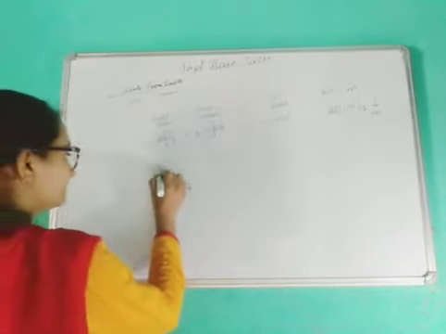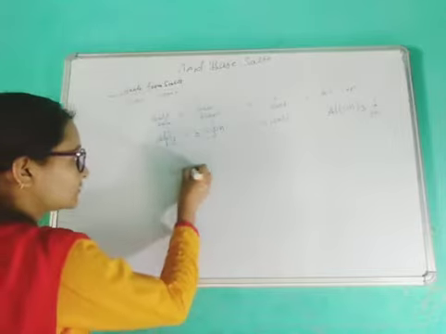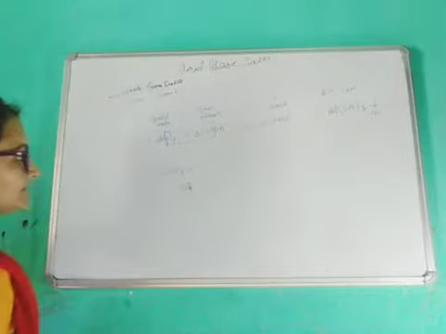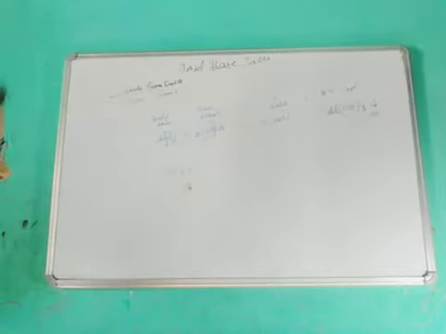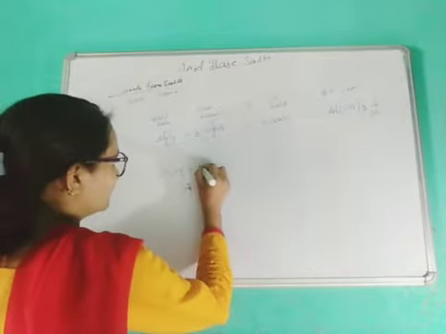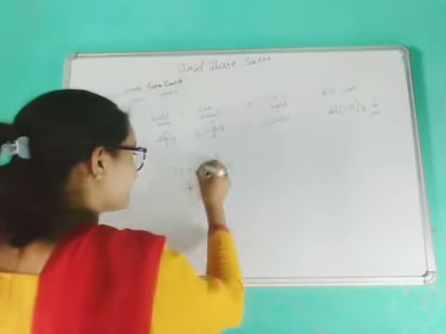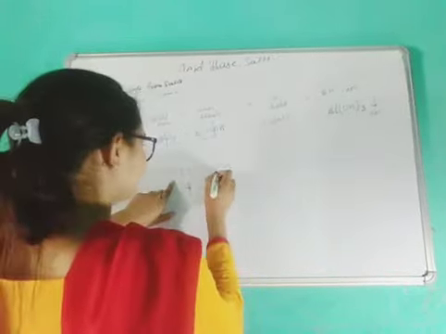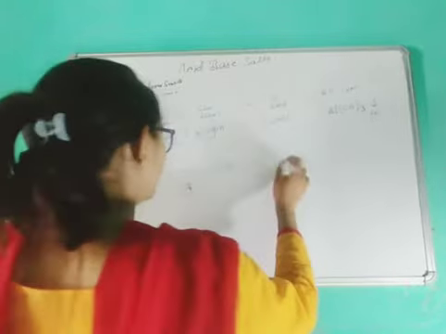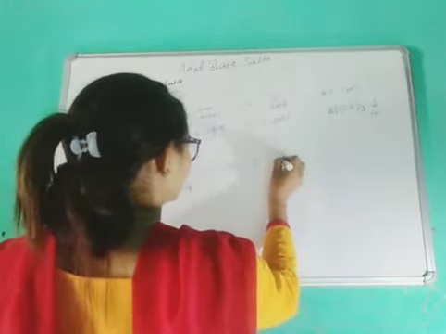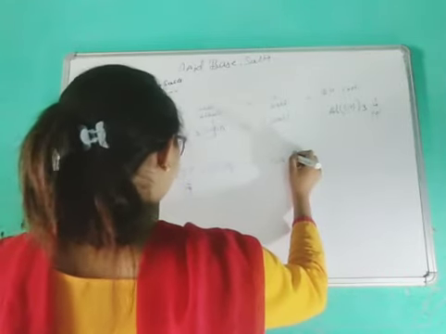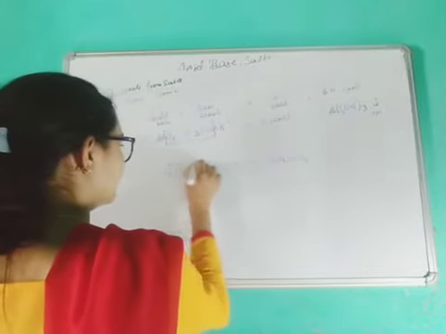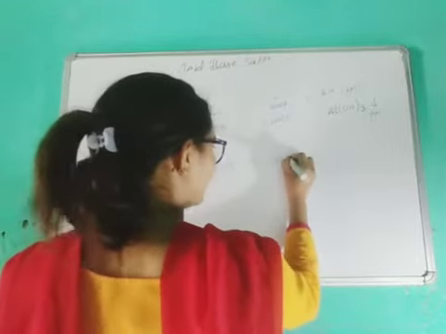Okay, one more example, FeSO4 plus. In this condition, you have to take 2 molecules of NaOH. It will form a salt, so it will form Na2SO4, sorry, it will be sodium sulfate.